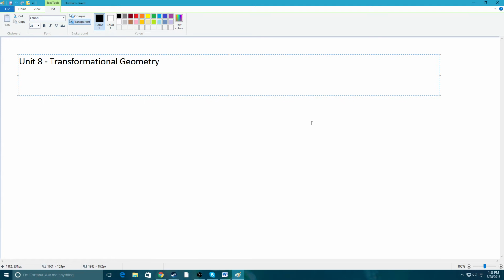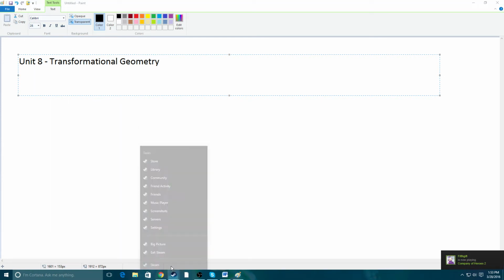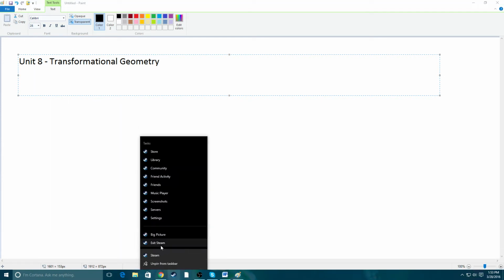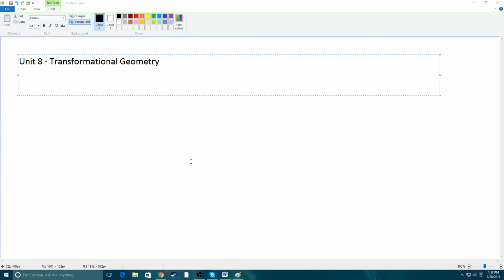Well, that's exactly what Transformational Geometry is. We are taking shapes in the coordinate plane, and we are going to be playing with them, moving them around, doing all kinds of stuff like that until we get what we want.